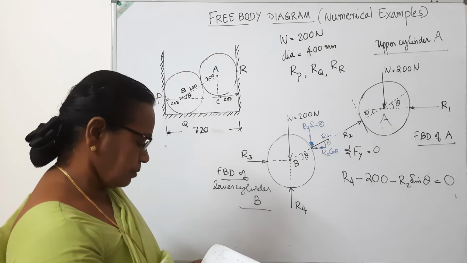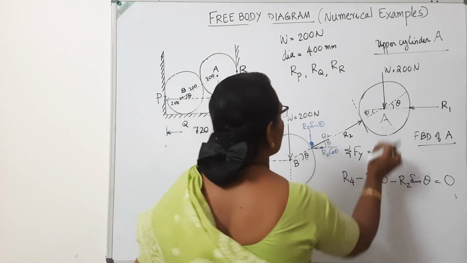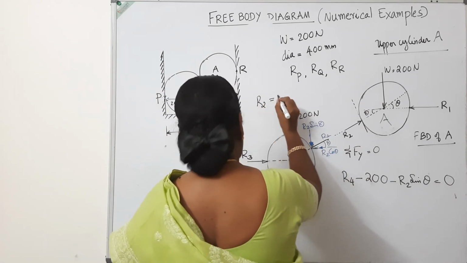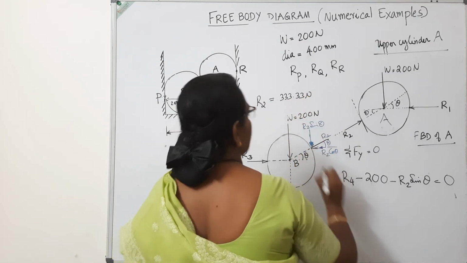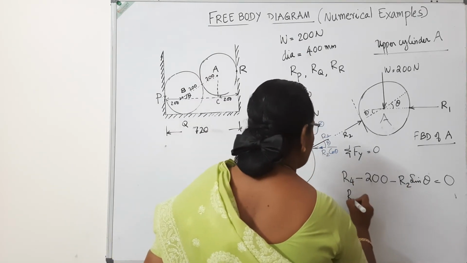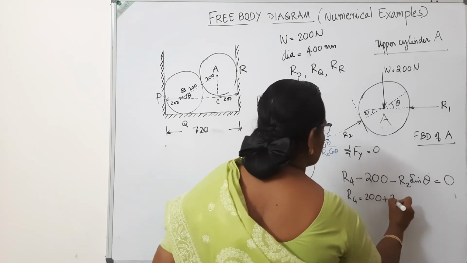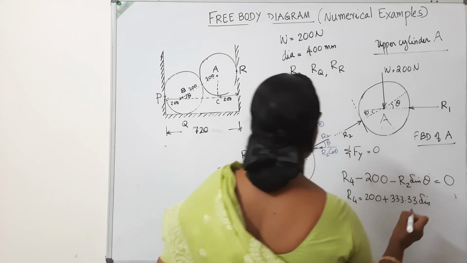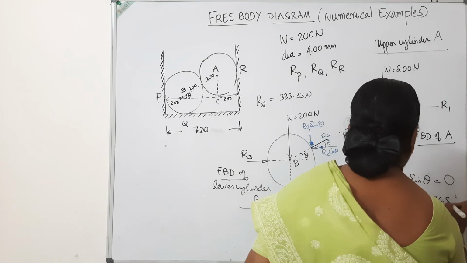R4 minus 200 minus R2 sin theta is equal to 0, where this R2 value we have got from the previous step. R2 value was 333.33 Newton. So substituting here, we will get R4 is equal to 200 plus 333.33 sin 36.87.